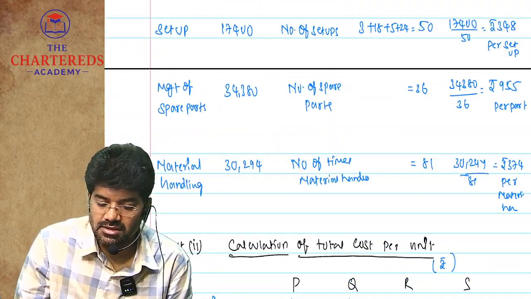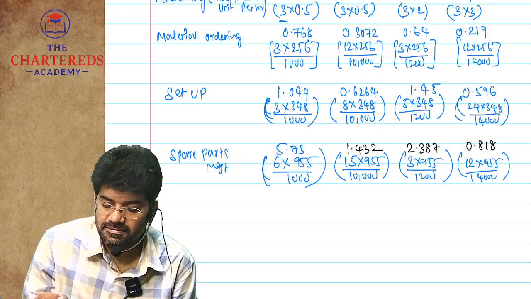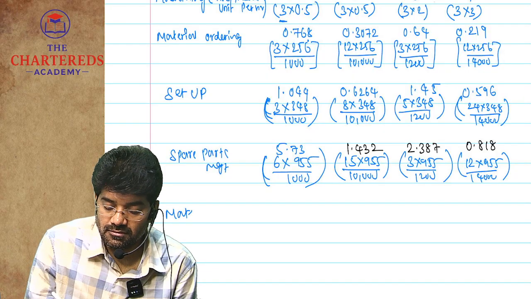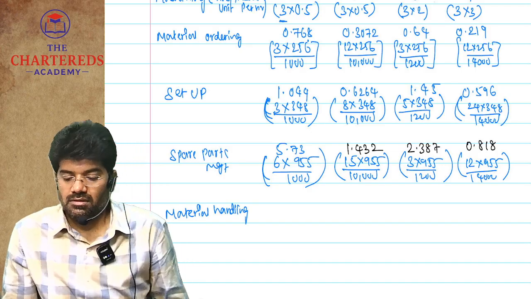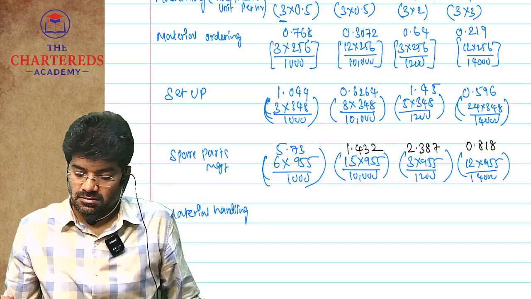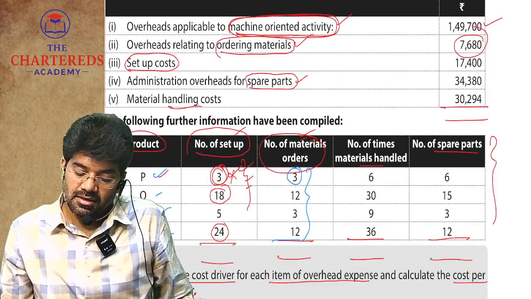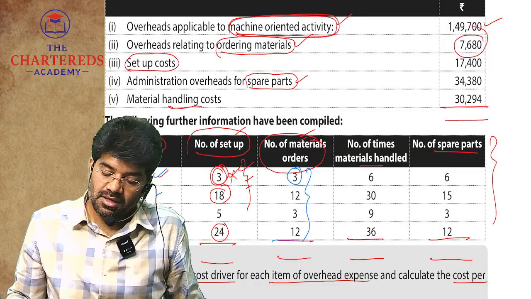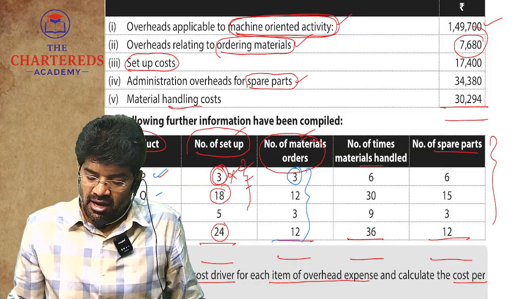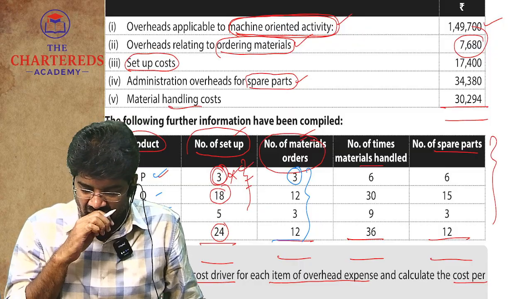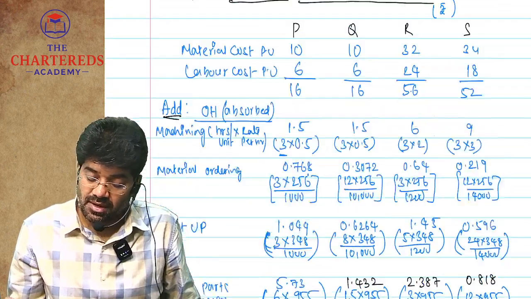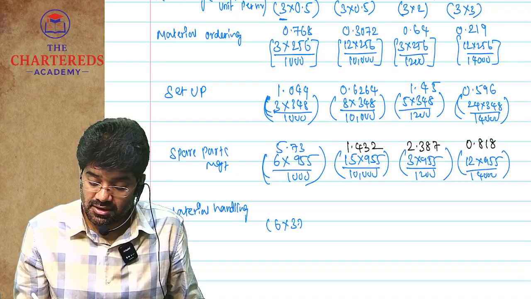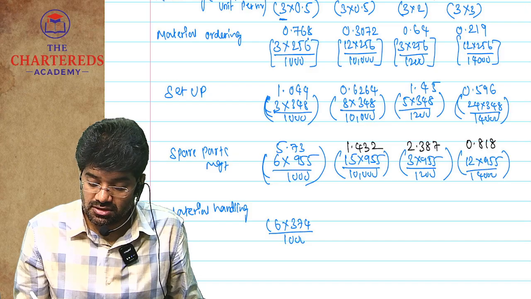The last activity is material handling. The number of times material is handled here is 6. 6 into rate 374 divided by, that is for how many units? 1000 units.